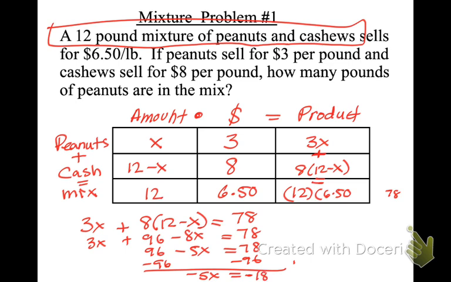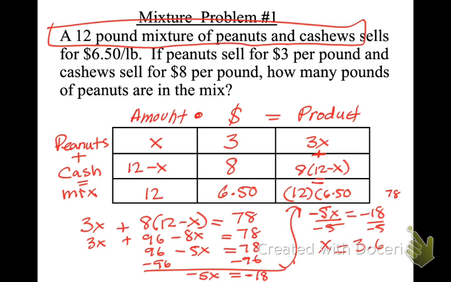Negative 5x equals negative 18. Divide by negative 5. And x is equal to 3, and we have a remainder of 3/5, so I'm going to say 3.6.